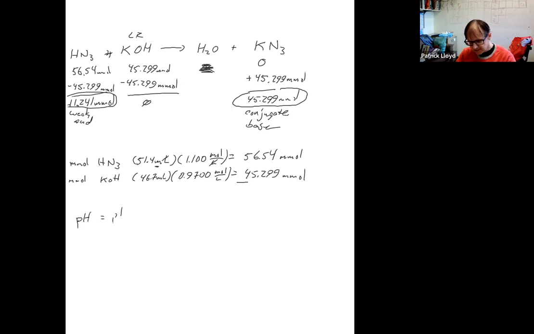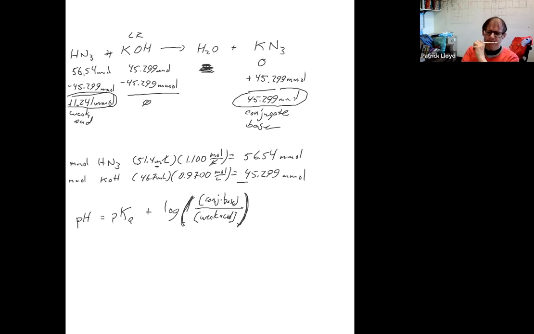There's a calculation we can do for pH. It's the pKa of the weak acid plus the log of the concentration of the conjugate base divided by the concentration of the weak acid, with parentheses here.